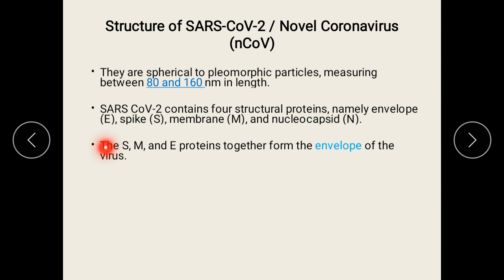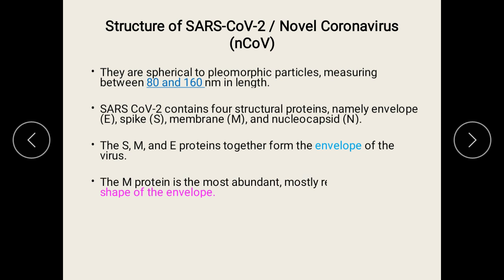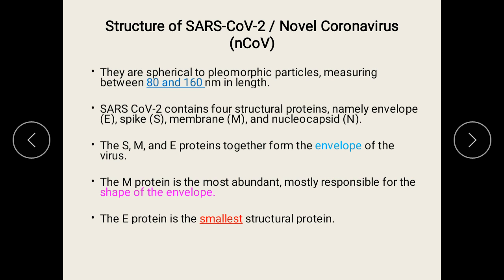Among these, the S protein, that is spike, membrane, and envelope proteins together form the envelope of this virus. The M protein is the most abundant and mostly responsible for the shape of the envelope of the coronavirus. E protein is the smallest structural protein.